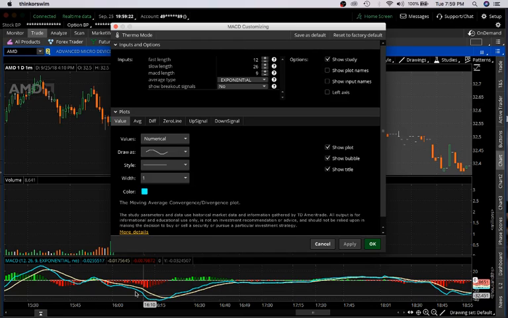Now the tan or gray tan line, whatever color you'd like to call that, is measured on a 9. That is essentially a 9 EMA line. So what you can see here is the 12 and 26 moving averages going up and over the 9 moving average. What does this signal? Well, you can see it right here. When it crosses, it gives us a buy signal.